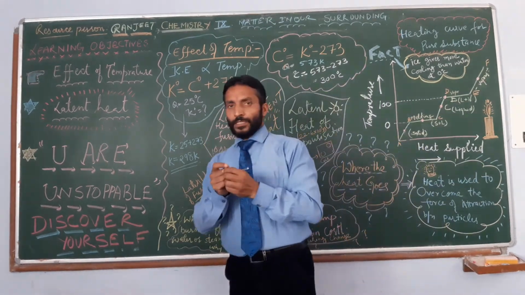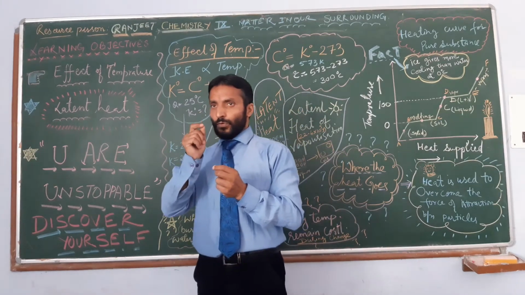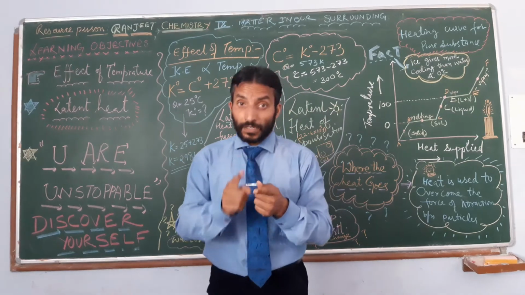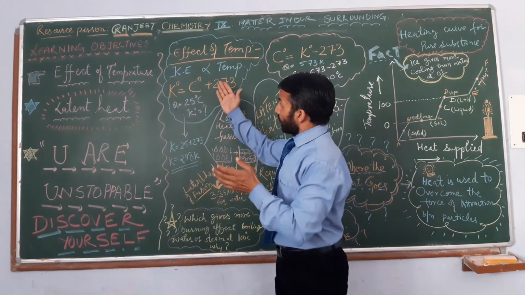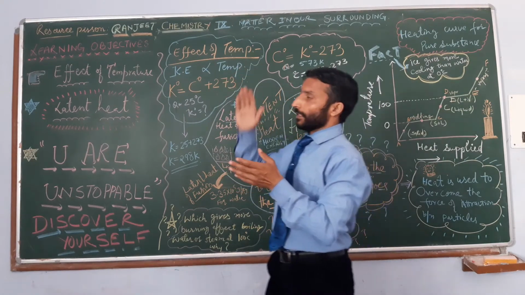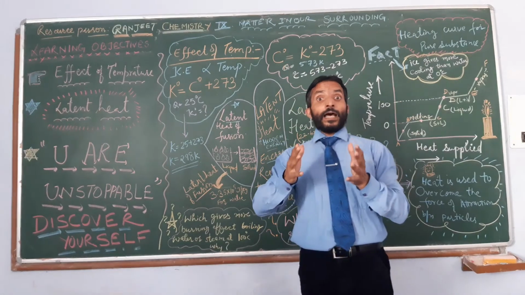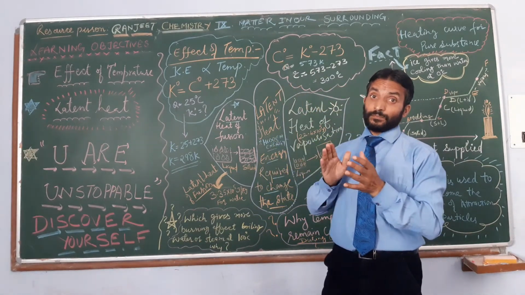The freezing temperature of water in degree Celsius is 0 degree centigrade, which is equal to 273 Kelvin. And for the boiling point, it is 100 degree centigrade, and in Kelvin it is 373 Kelvin.